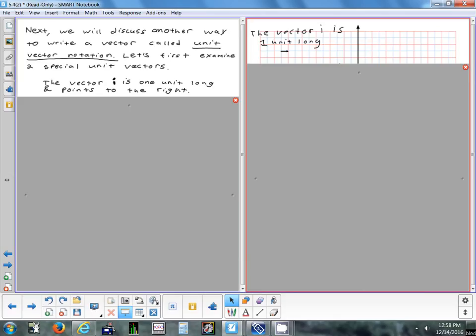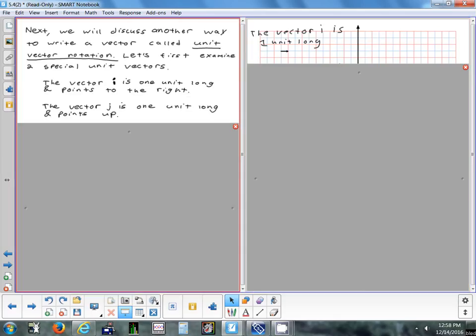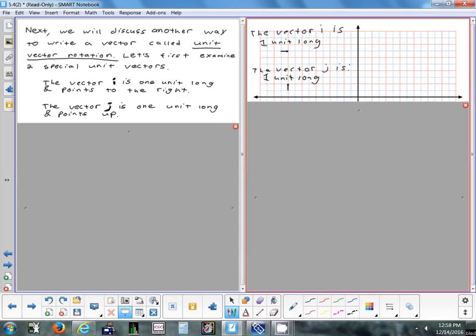Another special unit vector we have is j, and again, that would be bold. So j is a unit vector that's 1 unit long, but it points up. What we're going to do is look at these two vectors as building blocks.